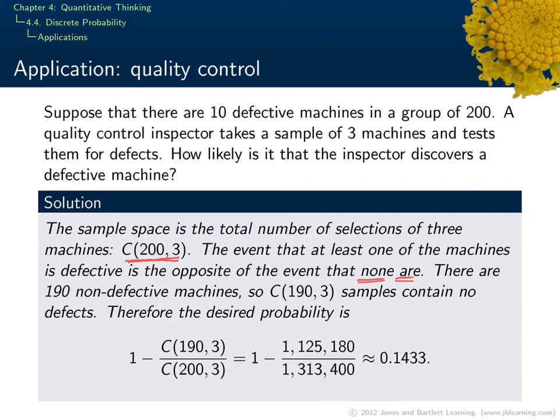So the probability that a selection has at least one defective machine is 1 minus the probability that there are no defective machines in the selection. So that's 1 minus C(190, 3) divided by C(200, 3). And computation gives that probability is about 0.1433.